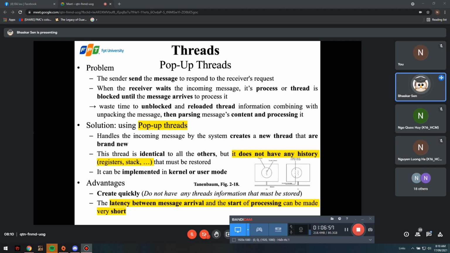Then what are the key benefits? Why do we implement multi-threading? And then we talk a little bit about the implementation, the three different ways that we can implement them. And each of them has its positives and negatives.